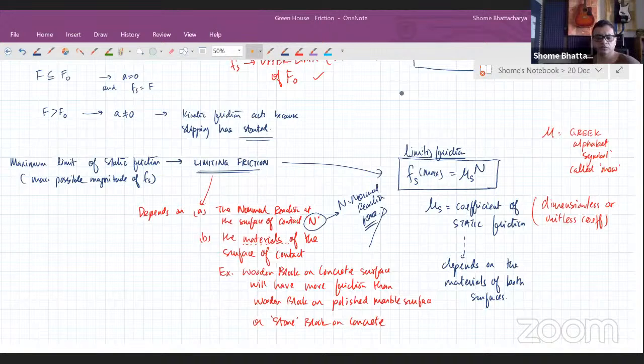I'll explain this later again. We'll understand how different surfaces have different coefficients of friction.